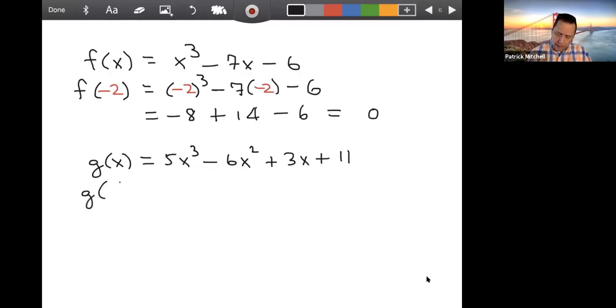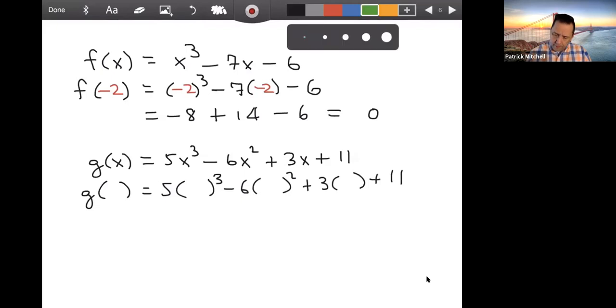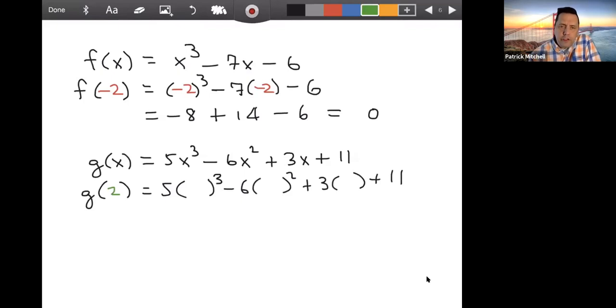g of blank equals 5 blank cubed minus 6 blank squared plus 3 blank plus 11. And now let's use a different color this time. All right, g for green.